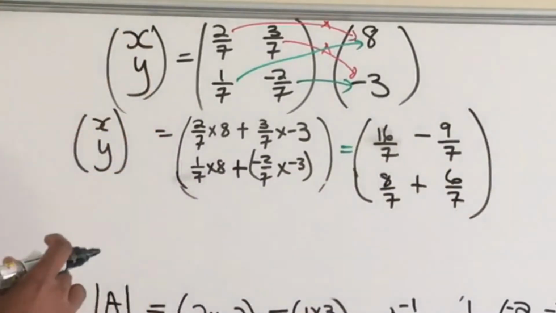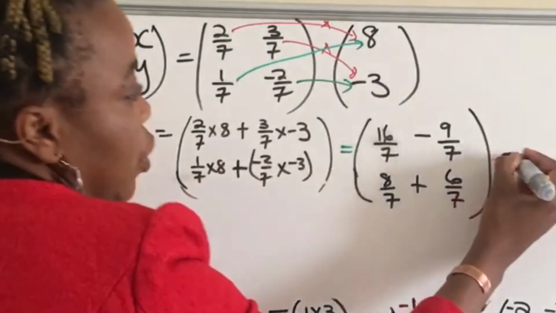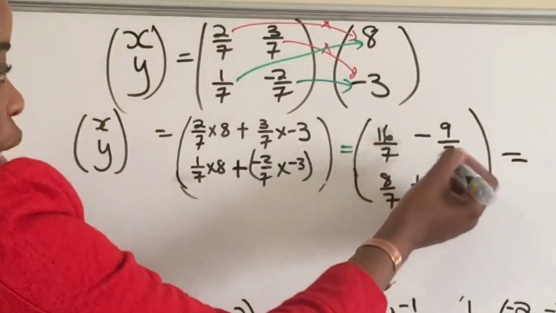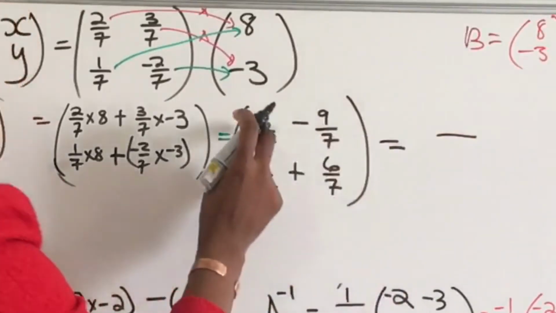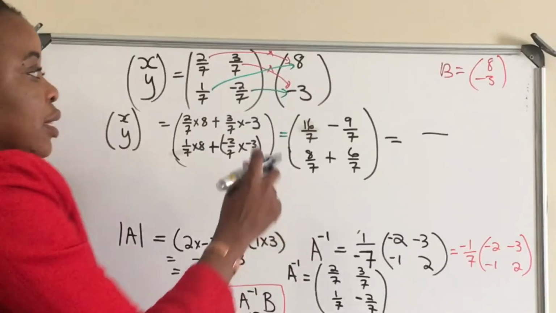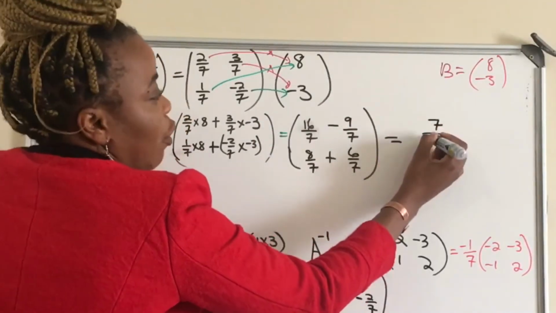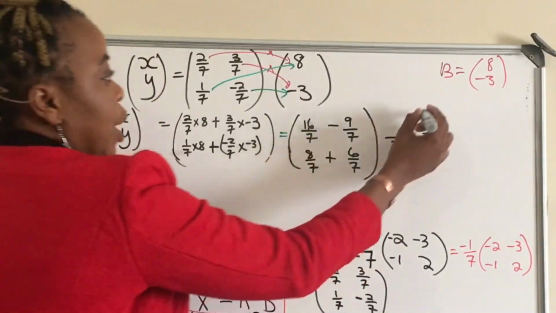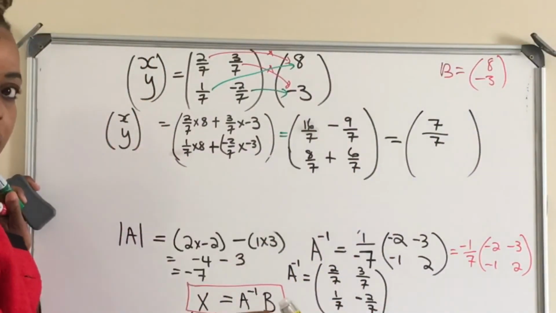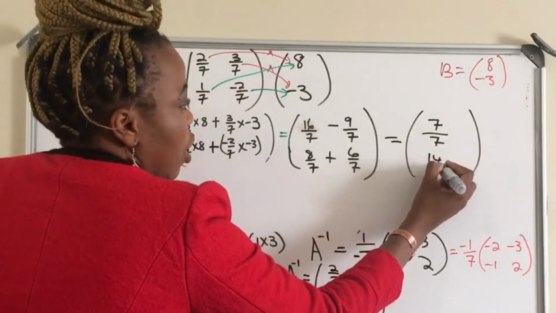Now we're going to continue there, making sure we're doing it step by step. Now that our denominators are the same, we basically have 16 minus 9, which gives us 7, so we have 7 over 7. Then here we have 8 plus 6, which gives us 14 over 7.